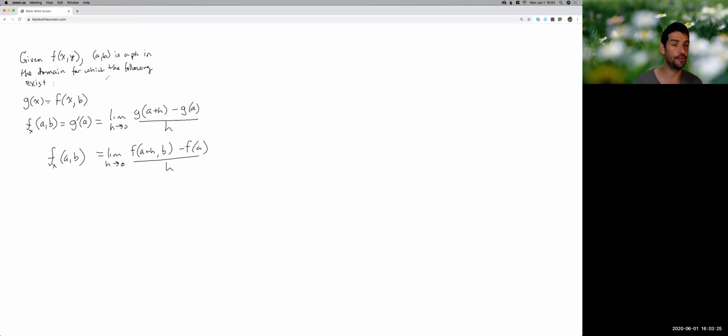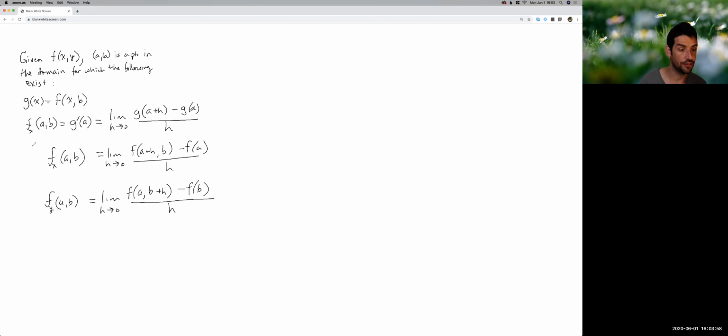This is what I meant by when the following exists. Of course, this limit has to exist, just like in the old single variable derivatives. Sometimes these limits don't exist and we don't have a derivative. But in the case that they exist, this is how we find it. We do a similar thing in the y direction, except in this case, we're fixing the x variable and we're adding a little bit to the y variable and seeing how things change.